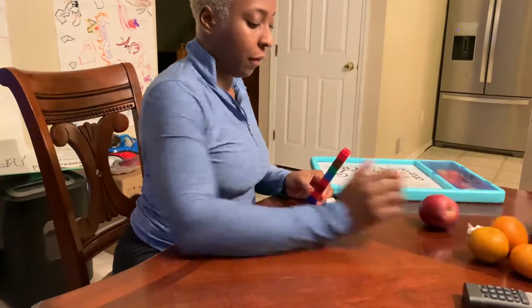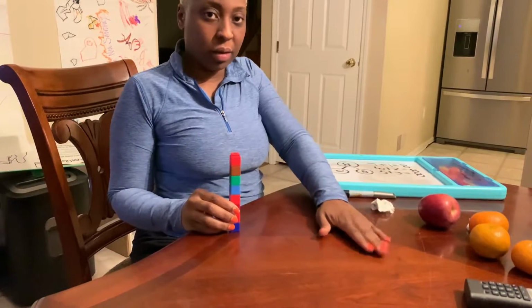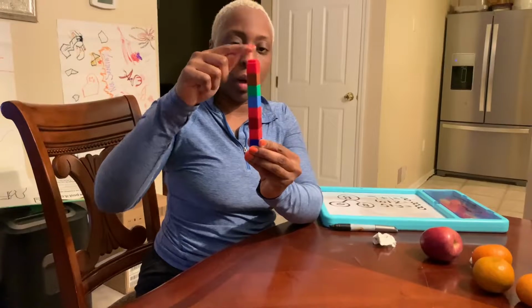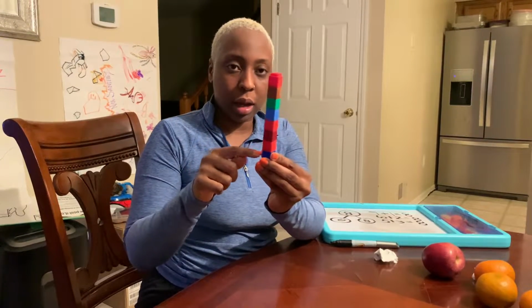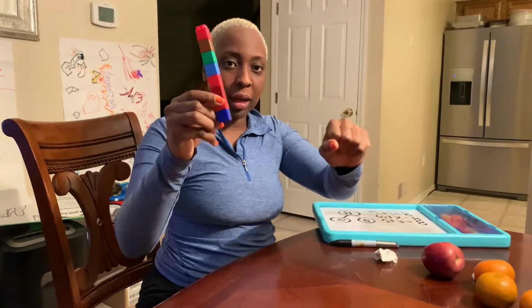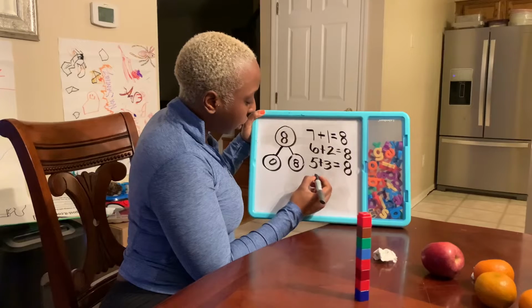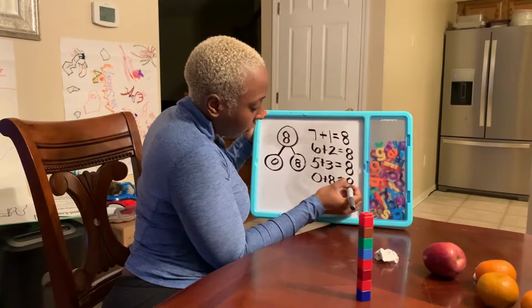So we have 0 and we have 8. Okay? And let's make sure we have 8. 1, 2, 3, 4, 5, 6, 7, 8. So 0 and 8 gives us 8. And we can turn that into a number sentence. 0 plus 8 equals 8.